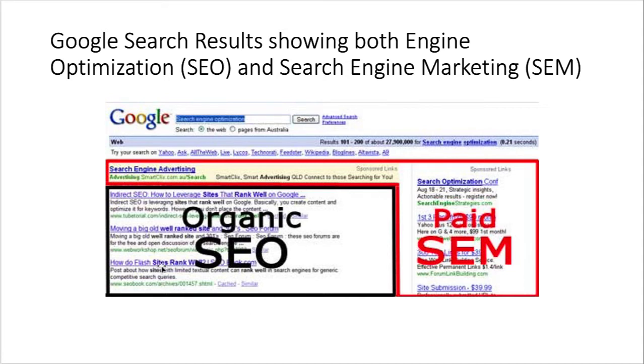And down here are the organic search results. Those websites did not pay Google to show in there. They rank high because they naturally have good content and lots of good quality external links. So we want to achieve this for our own websites as well.